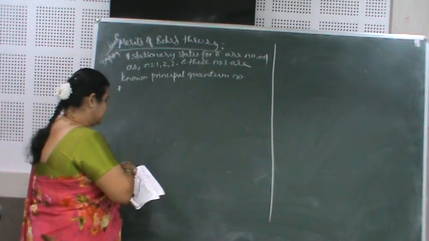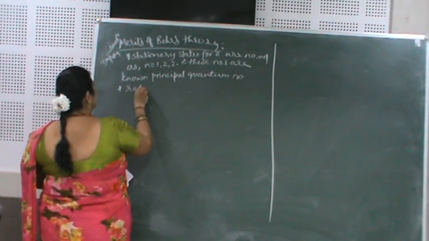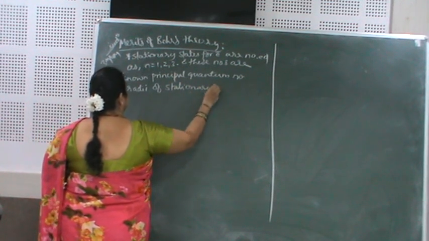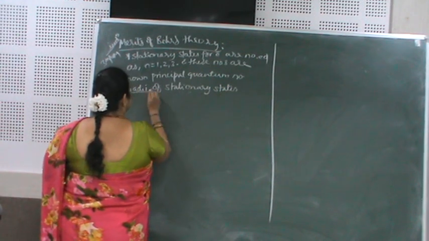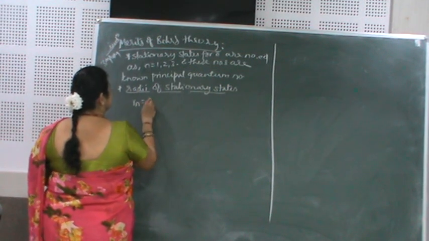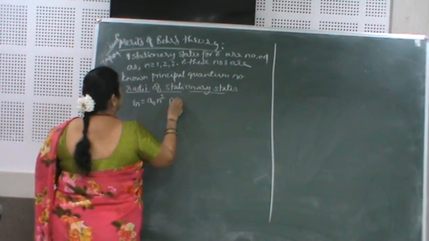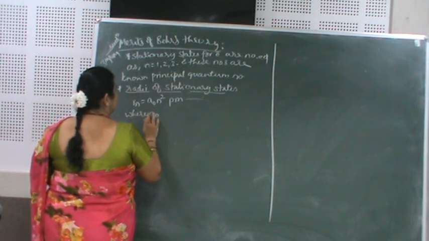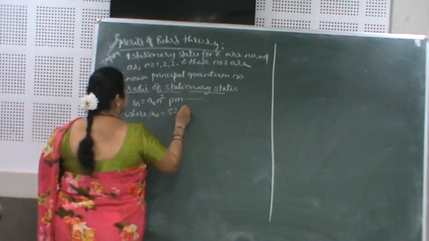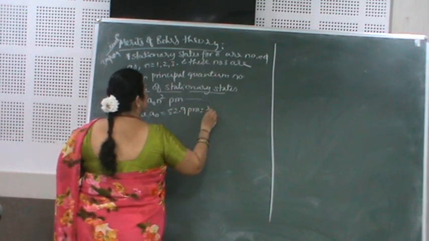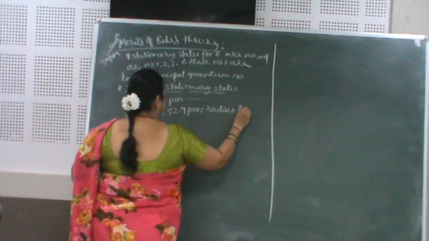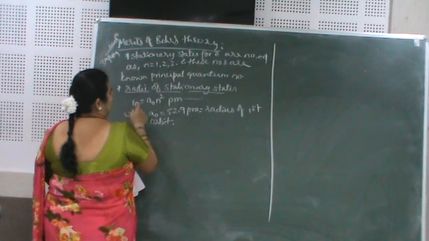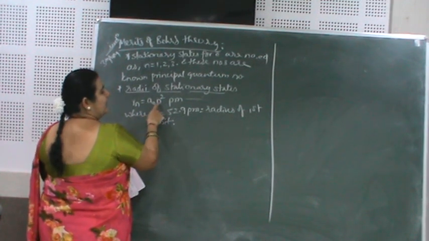Then the second one, radii of stationary states for electrons. Radii of stationary states is given by the formula Rn is equal to A0 n square picometer, where A0 has the value 52.9 picometer, and this is the radius of the first orbit, because in this equation R1 is equal to A0, as 1 square is 1.